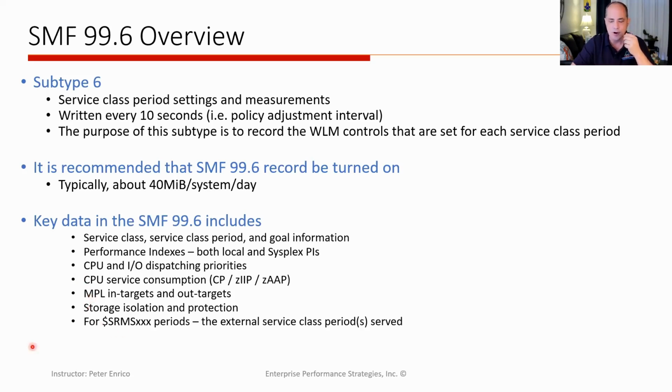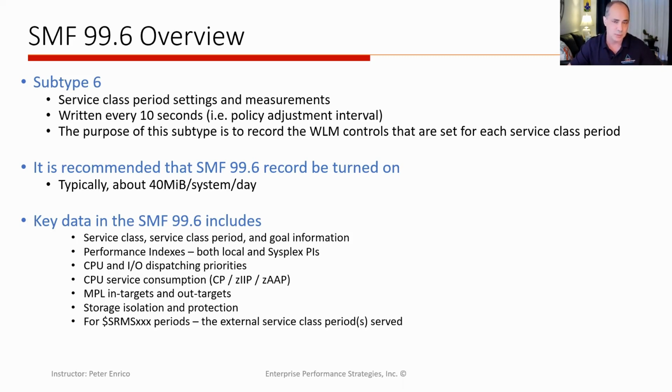And this is the one record that gives us insights into what we call the $SRM-S guys, or what we call the internal periods. The internal periods are ones that are not defined by you, but actually defined by Workload Manager. What many people don't know is that you define a series of service class periods, but there are cases where WLM feels it needs to create its own service class periods for management of certain address spaces.